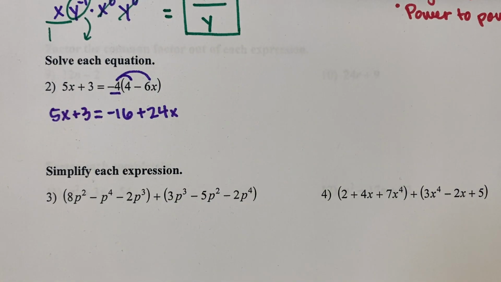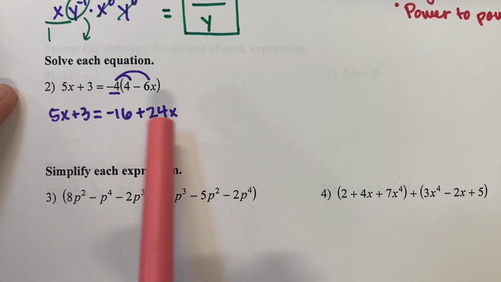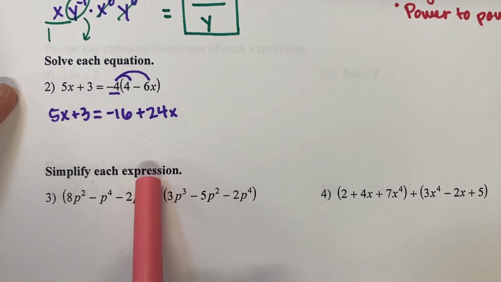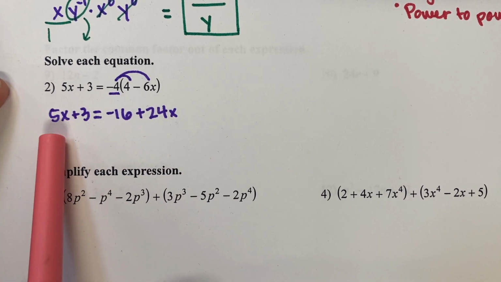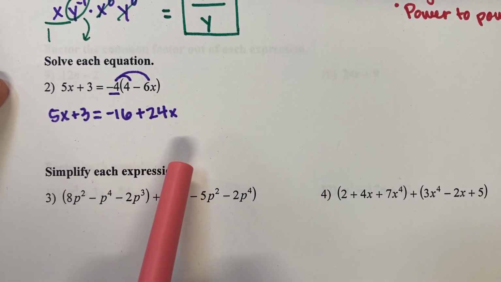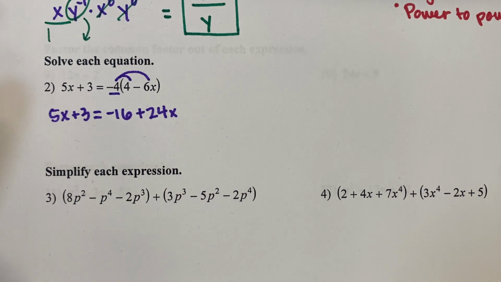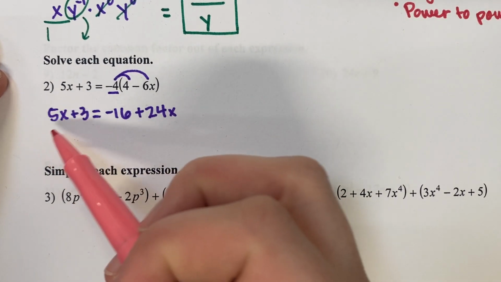plus 3. So remember, in order to solve for x, we're trying to figure out what number x represents. We need all of our x's on one side. I have 5 on this side of my equal sign and 24 on that side. I need them all on one side. I like moving the smaller amount, so I'm going to go ahead and move 5x.